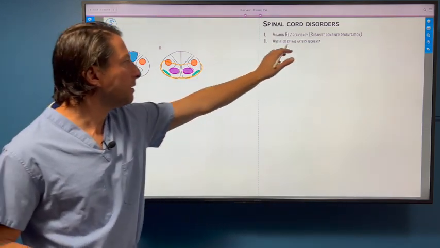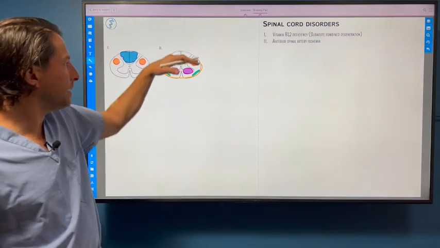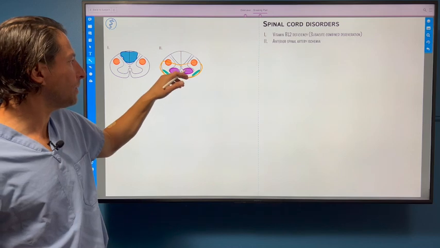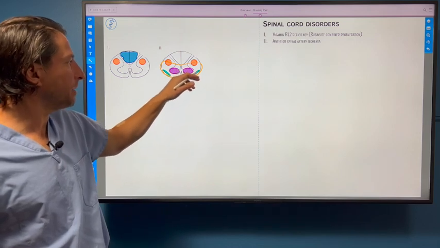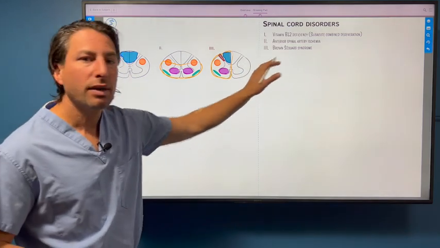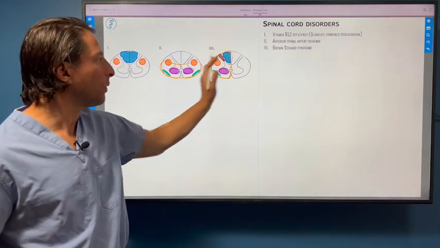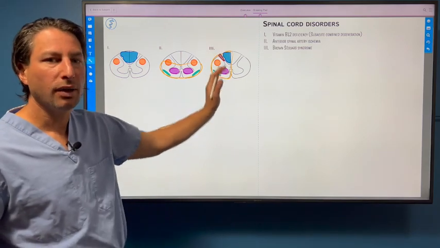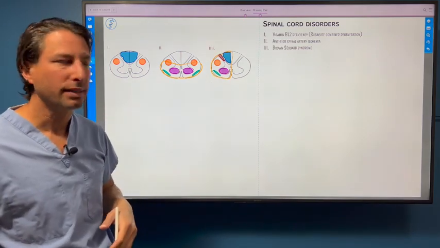And then in anterior spinal artery ischemia, we can see that what's affected anteriorly here are the anterior horn cells and then the spinothalamic tracts, those anterolateral system fibers. And then in Brown-Séquard syndrome, that's half the cord affected. So all of the different modalities on one half of the cord are affected.